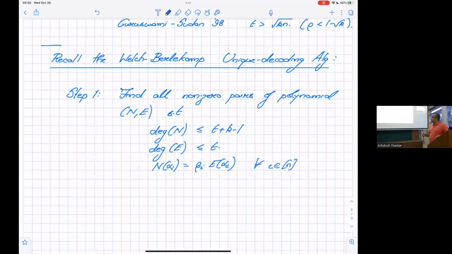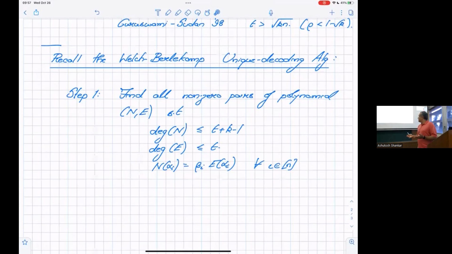So basically, this was the key equation for us. We came up with an explanation of all the points. For every pair of points alpha i, beta i, we came up with an explanation for them. We came up with a polynomial N and a polynomial E, not too large a degree. These were non-zero polynomials. Why do such polynomials exist?